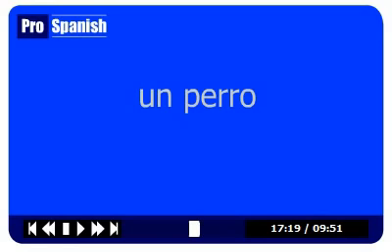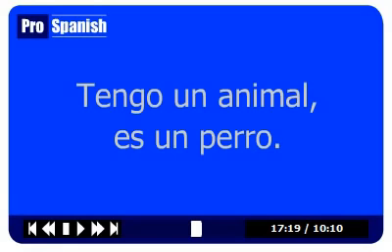And perhaps to help you remember, you can imagine a dog eating a pear. Perro. Un perro. So I have a pet, it's a dog, would be tengo un animal, es un perro.